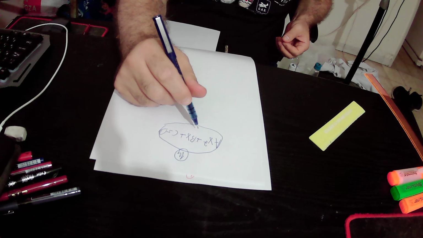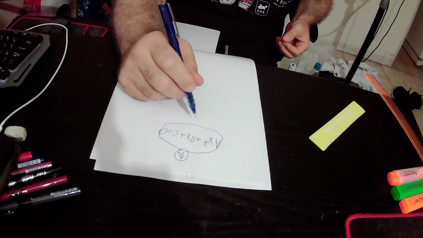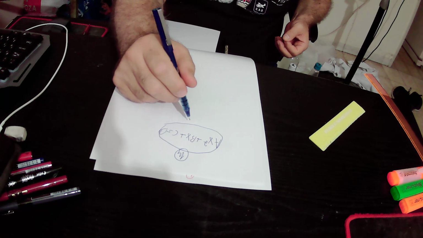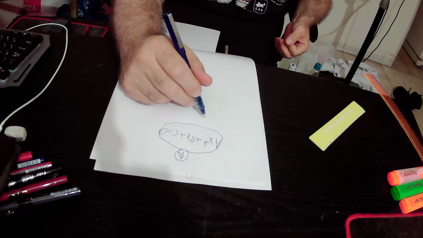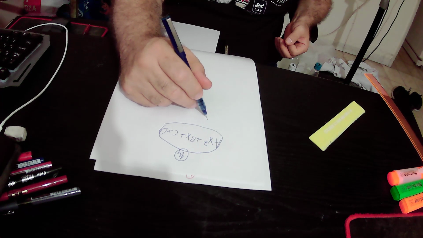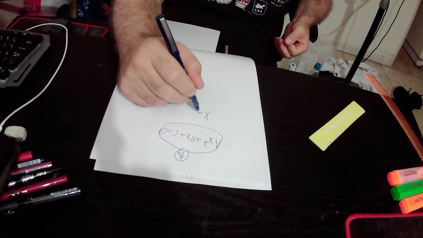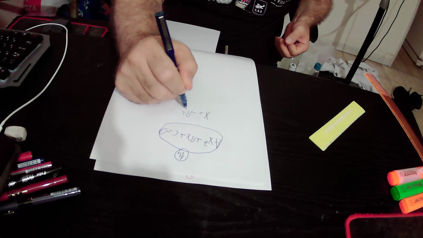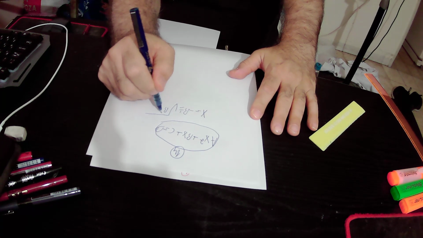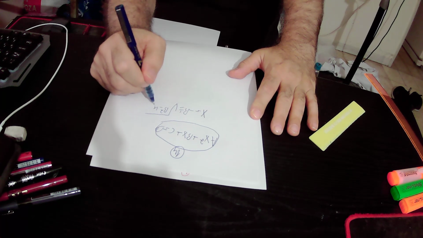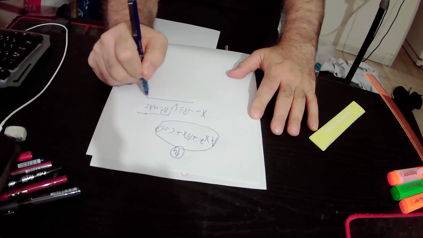When a, b, and c are the coefficients of this quadratic equation, and x is the variable that we want to find out, we will find the value of x by a special formula that states that x equals minus b plus minus root of b squared minus 4 times a times c over 2 times a.